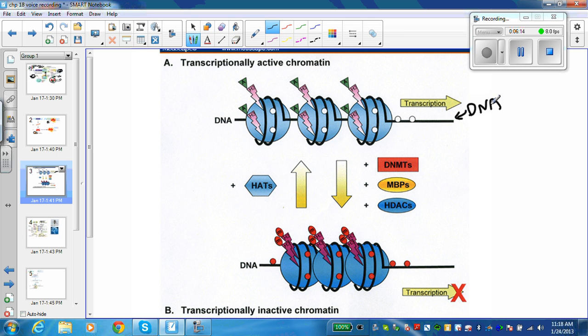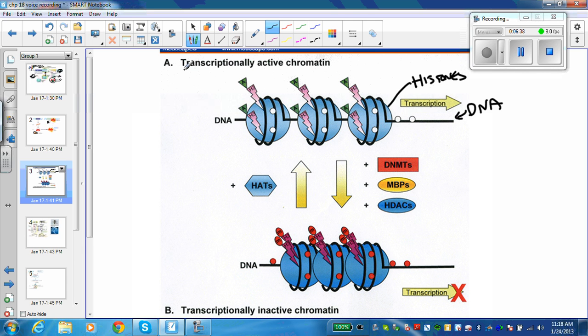The black line here is DNA, and these proteins are histones. Remember that histones plus DNA make chromatin, so it'll be wound up very tightly. If the DNA is wound up tight, RNA polymerase cannot get in there and make RNA. So DNA has to be exposed in order for this to happen.